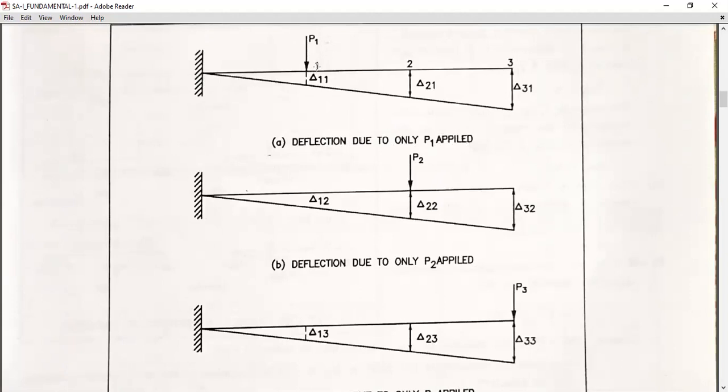We can see a cantilever beam having fixed support at each side and no support at either side. We can put the load at a decided point which we call 1, and the load is P1.